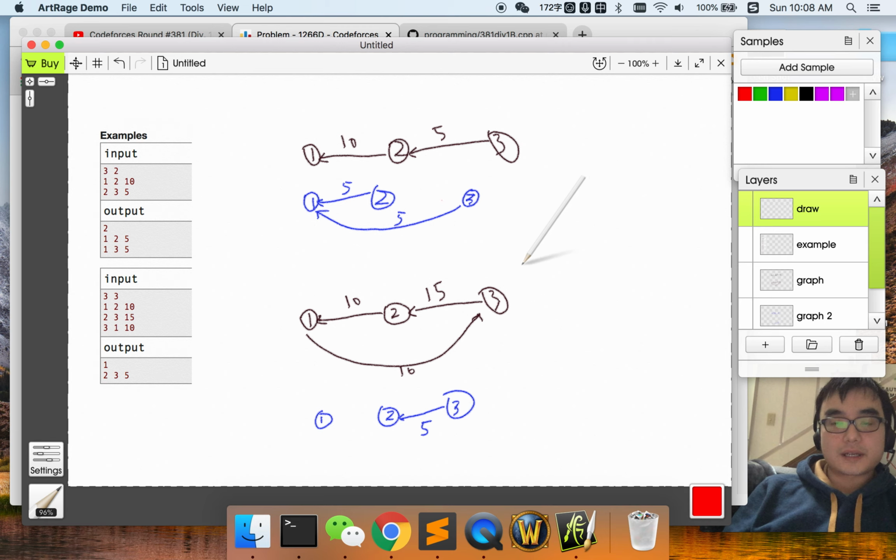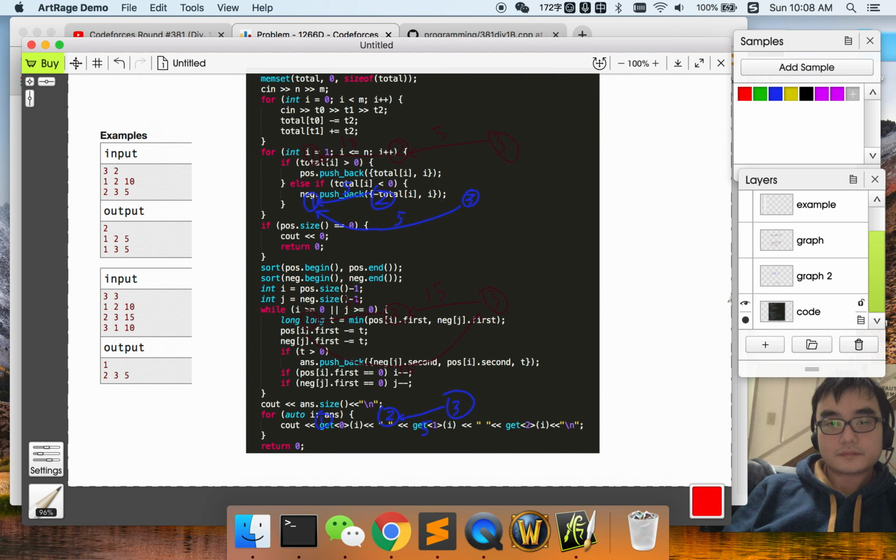So let's look at the code. At first, we just read n and m, right? And then we calculate the balance. The numbers stored in the total array are the balance of each node, right?